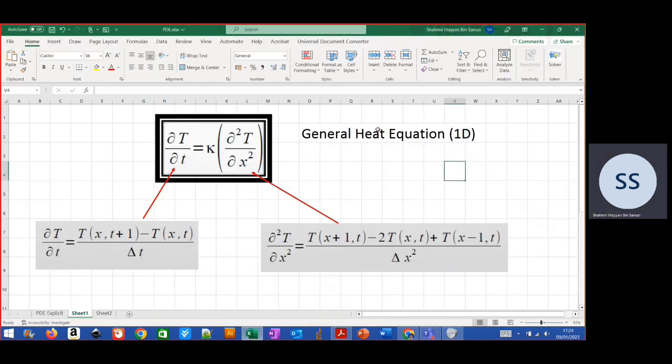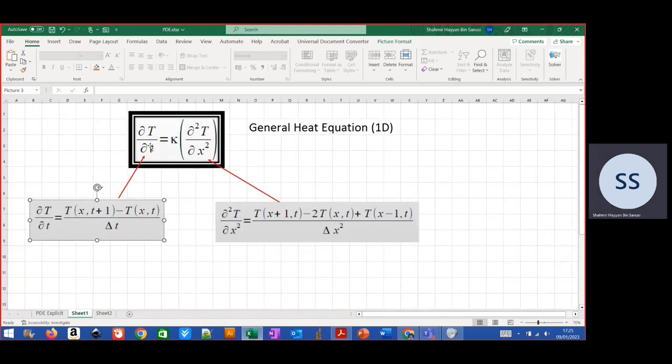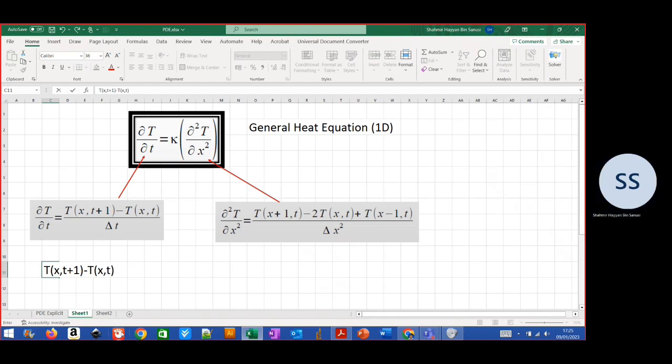From the general heat equation, this is a 3-point central difference, and this is 2-point forward. So we replace these in the equation. Delta T over dt can be written as T x, T plus 1, minus T x, T, over delta T. I'll write it as dt.